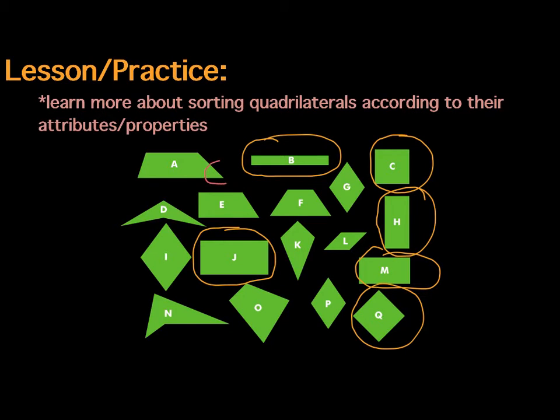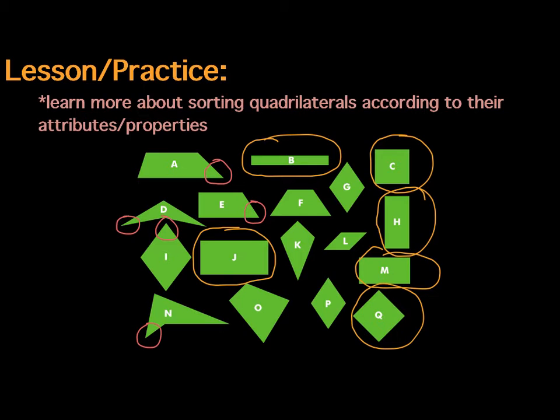I see letter A has one here. Letter D actually has a couple, right? Letter I, I believe it does. What about letter N? Yes. What about E? I believe so.